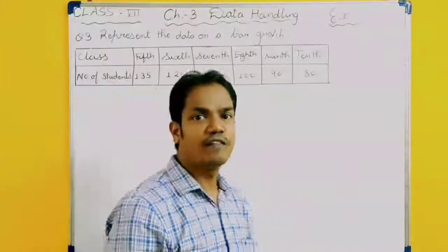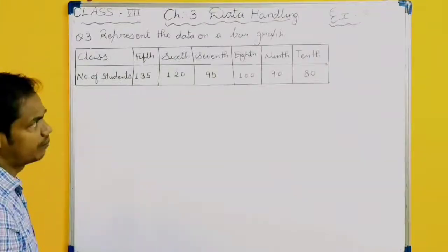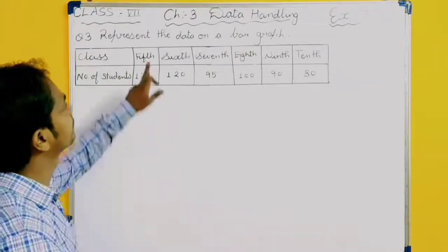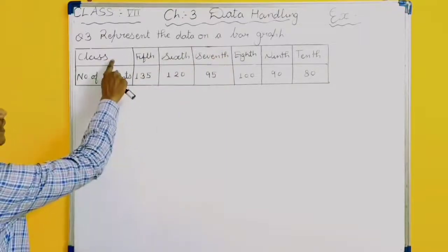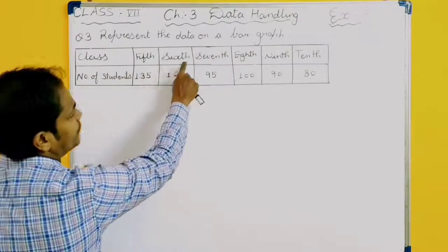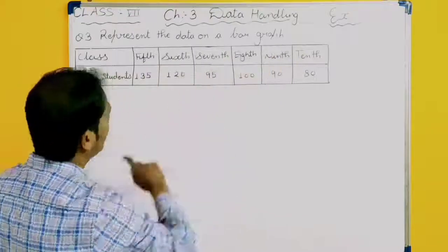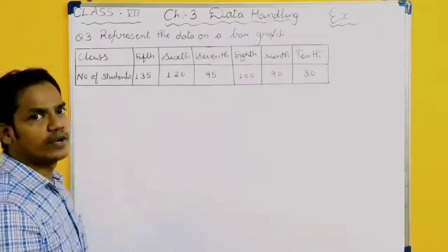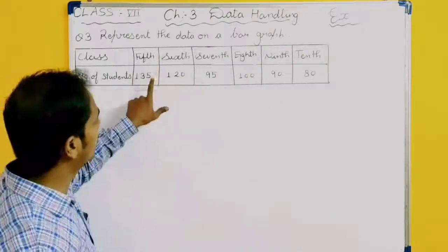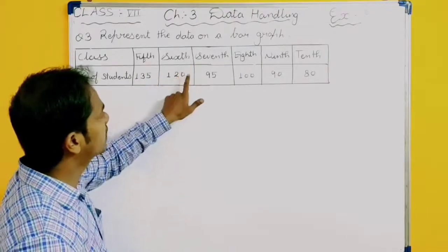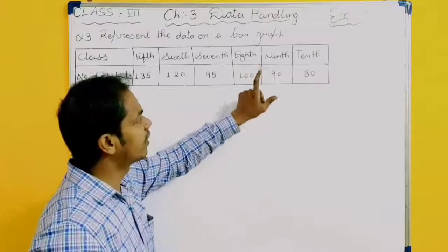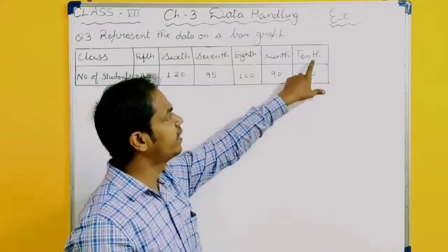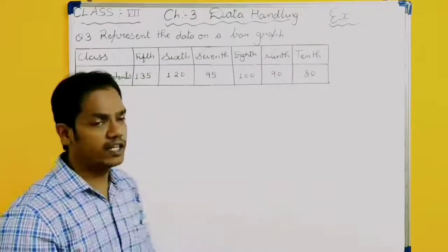Okay students, now we will learn how to draw a bar graph. I have taken one question. Represent the given data on a bar graph. Your classes are given: 5th, 6th, 7th, 8th, 9th and 10th, and the number of students in each class. In 5th class 135 students, 6th class 120 students, 7th class 95 students, 8th class 100, 9th class 90 and 10th class 80 students.